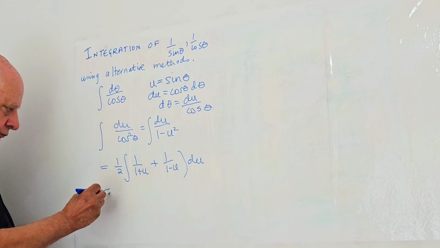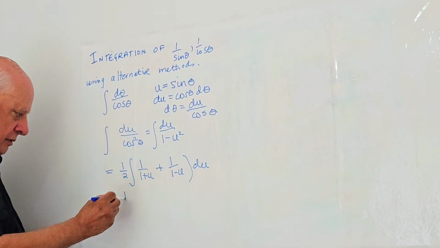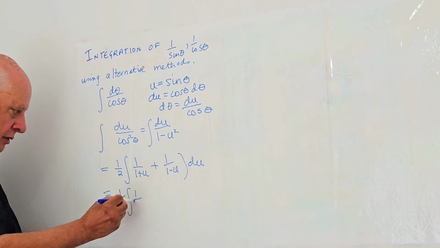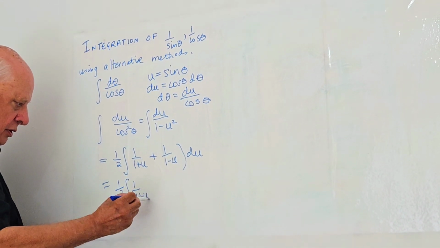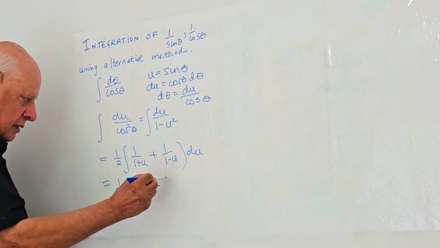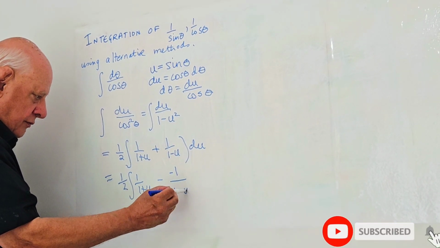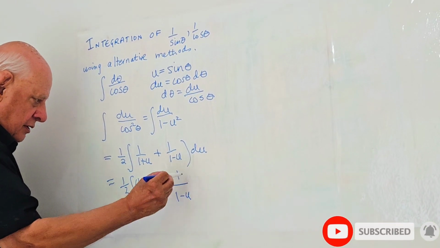Okay. Rewrite that slightly: 1 over 1 plus u and minus 1 over 1 minus u. So to make the integration a bit easier.